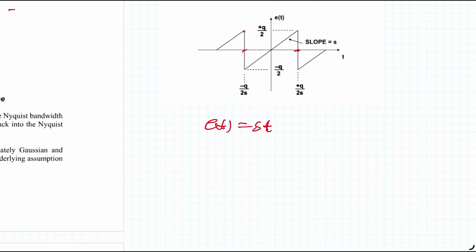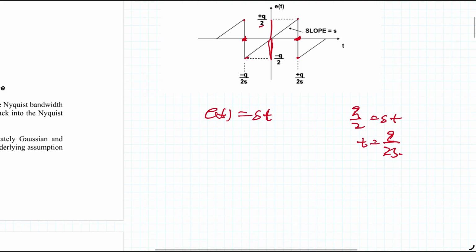We know the peak-to-peak value is Q, so from here to here is Q over 2, and the negative side is minus Q over 2. So what is the time step here? Q over 2 equals s·t, so we know t equals Q over 2s. So the time step here is Q over 2s, and this is minus Q over 2s.